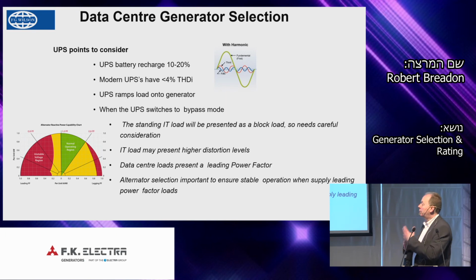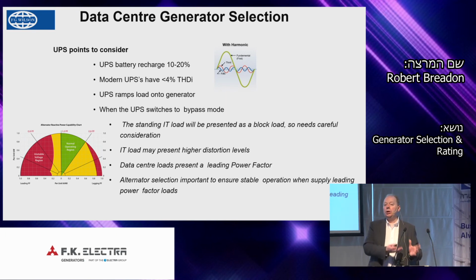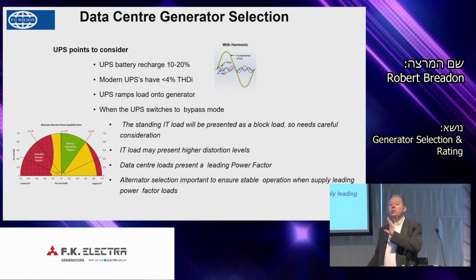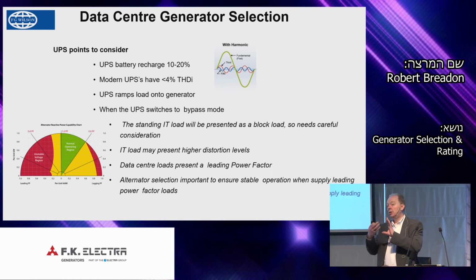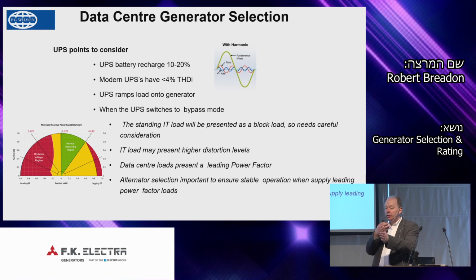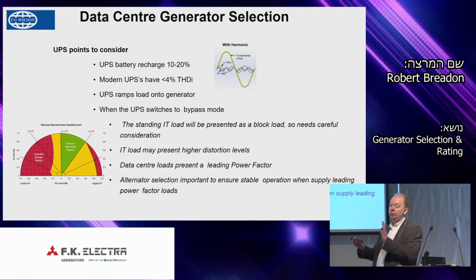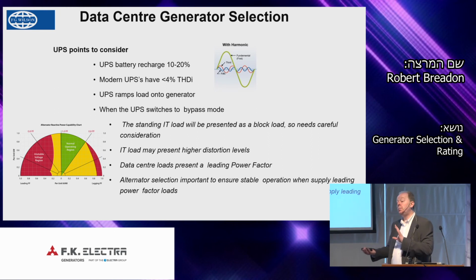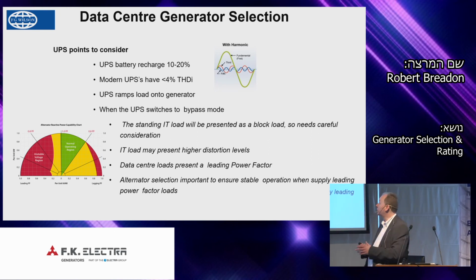So again, select the machine carefully in environments where you may go into bypass. Now, the good thing is that normally you have a lot of inductive load with the chillers, etc., so they usually counterbalance, but it really depends on your application, the balance of the load, how much UPS could potentially go into bypass, and how the UPSs are arranged.